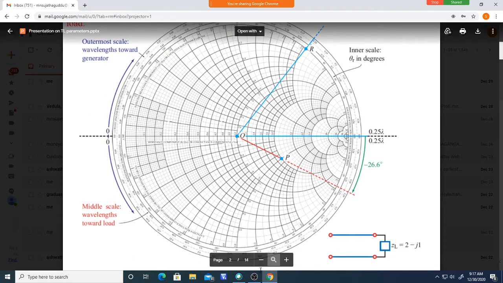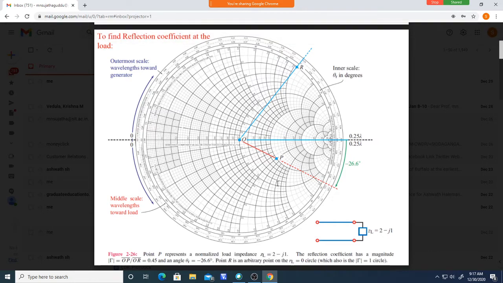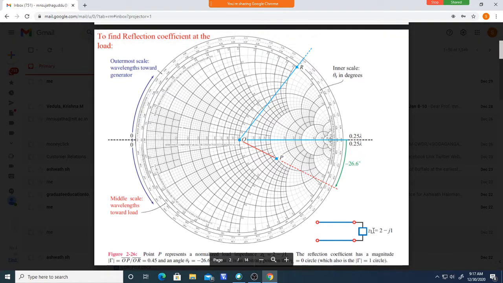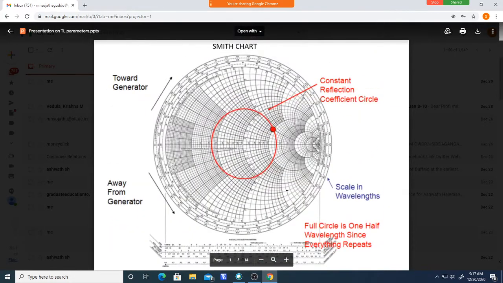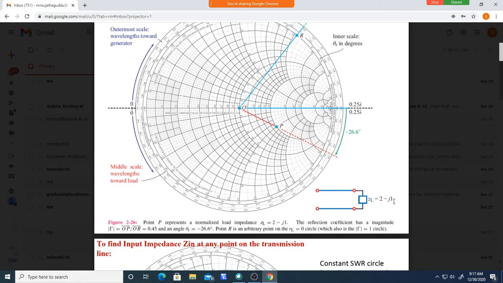What we have to do on the Smith chart is mark the load impedance. Like this is ZL here. ZL is the normalized impedance 2 minus J1. First, you should find the normalized impedance. Here I have taken the normalized impedance itself: ZL is equal to 2 minus J1. This is the load impedance.